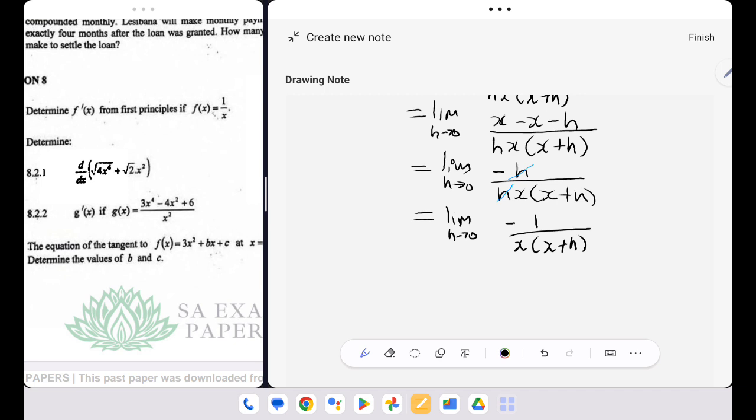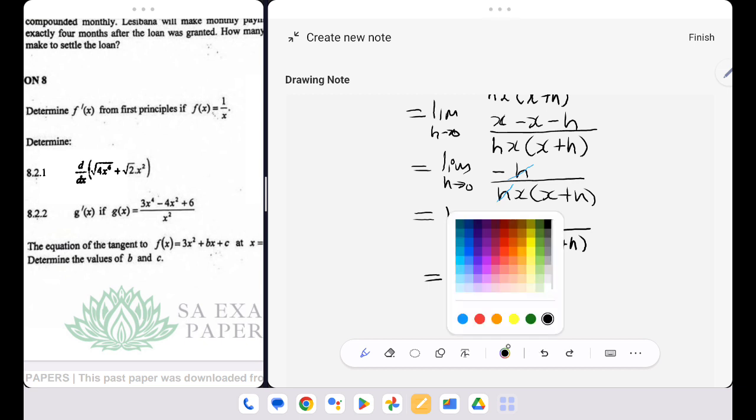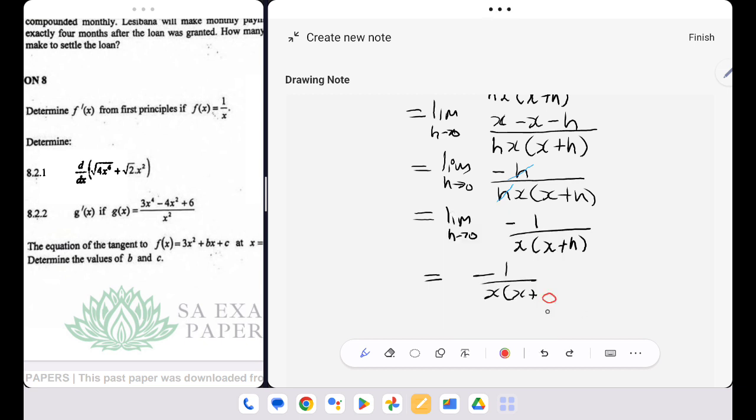Now I can substitute my h as 0, because whenever I do that, my denominator will not be equal to 0. So I'll just say minus 1 over x plus 0.